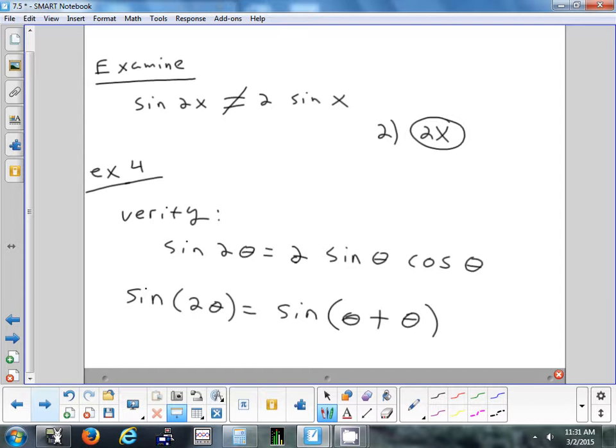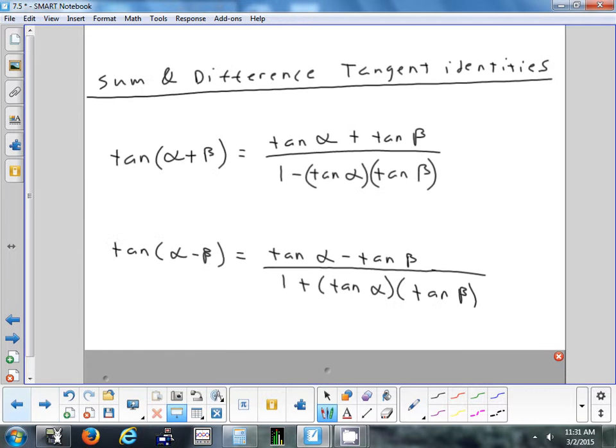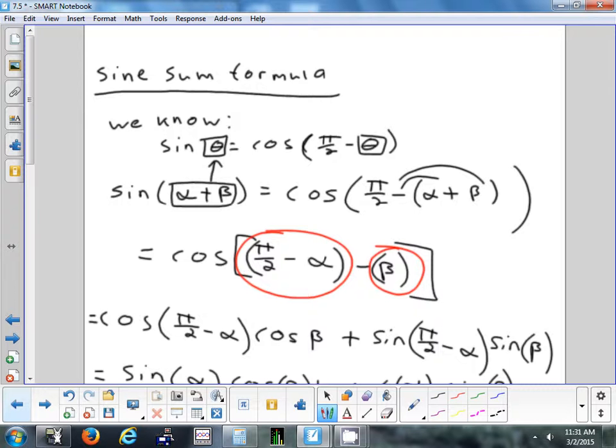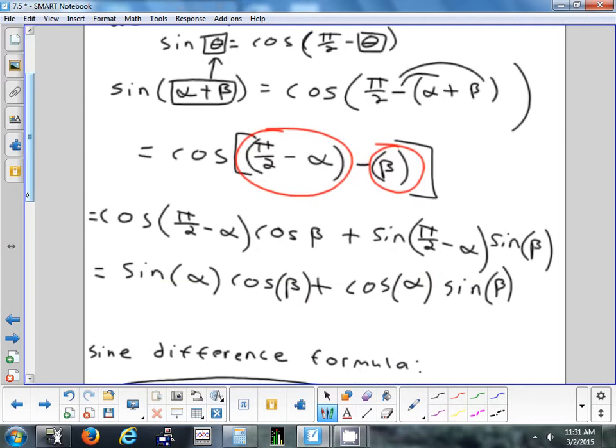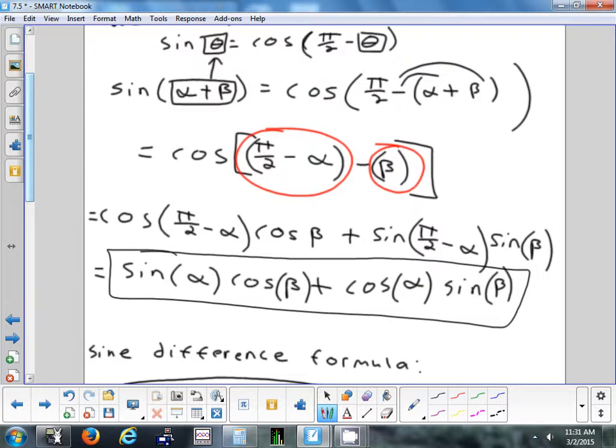What's the trig function? Sine. And what are you doing? Added. Okay, yeah, what's another name for adding? What's the answer that you get when you add 2 things? Sum. This is the sine of a sum formula. Okay, sine sum formula. So we just did that right here. This was your sine of a sum formula.